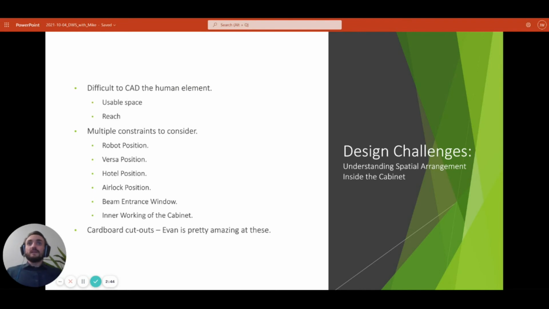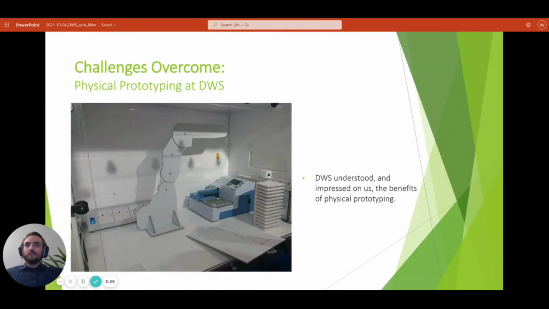Now, one of the main challenges actually was just that because we're working with Thermo over in Canada, a lot of this was done over CAD. But it's really difficult to CAD the human element, so to speak, to really figure out where the human would go relative to the robot, what space they needed to work in. So Evan at Don Whitley suggested that we use cardboard cutouts and do some physical prototyping.